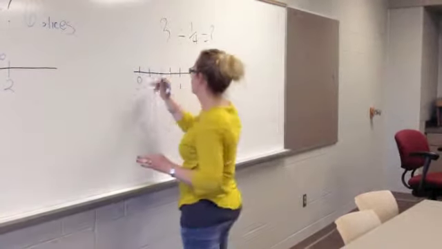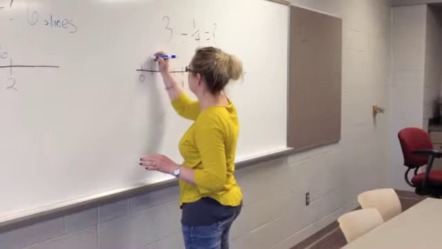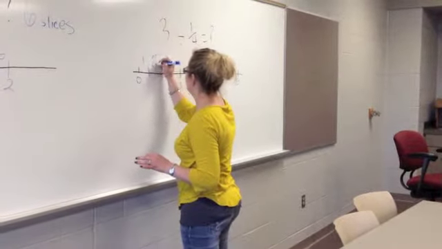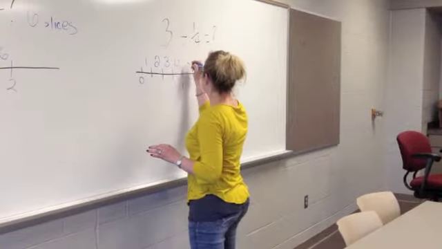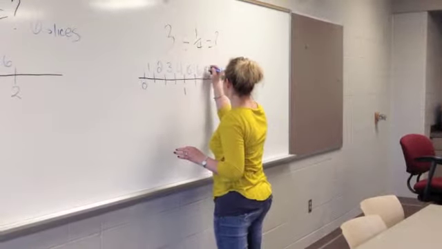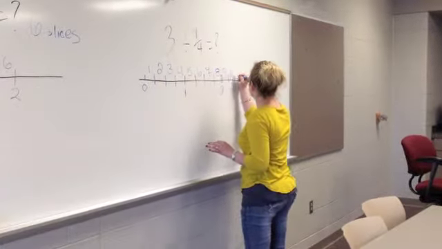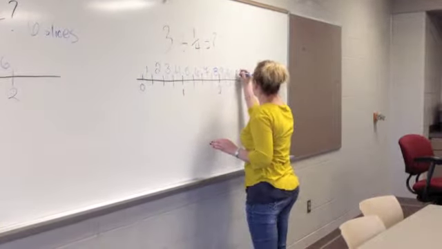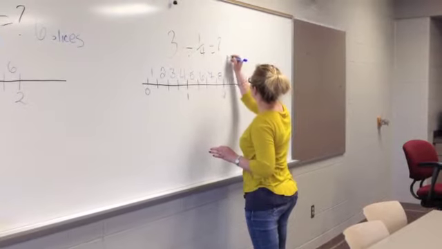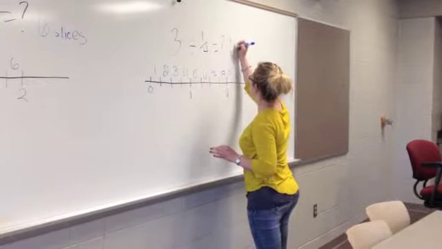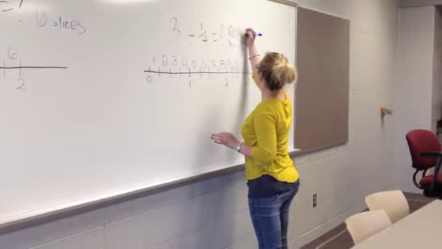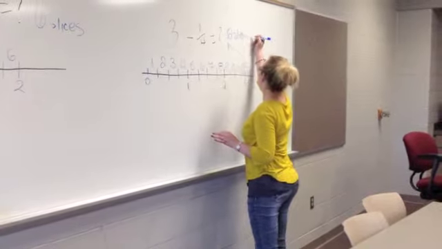And then we have to count the fourths that we've divided it into. So we have 12 slices of apples.